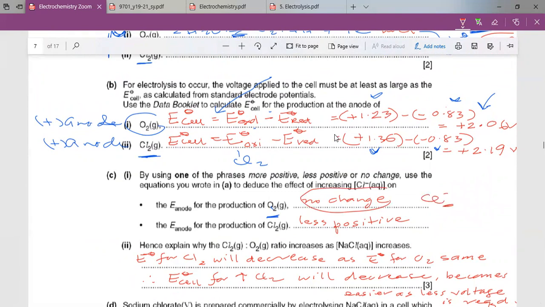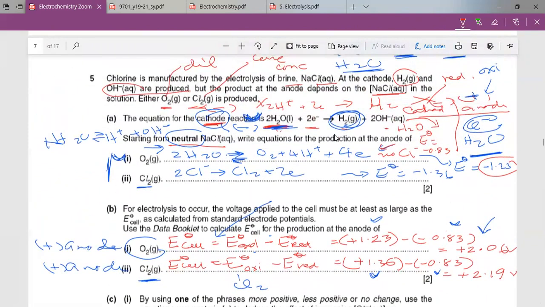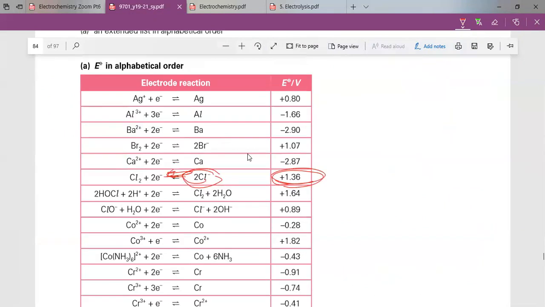Now if Cl2 gets given out, remember this is reversible. If this increases, it will go backwards more. This is for 1.00 mole per dm cube. If it increases to maybe 5 molar, it will go back more.